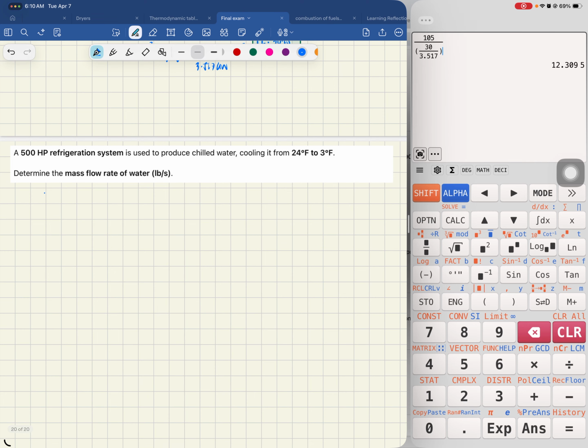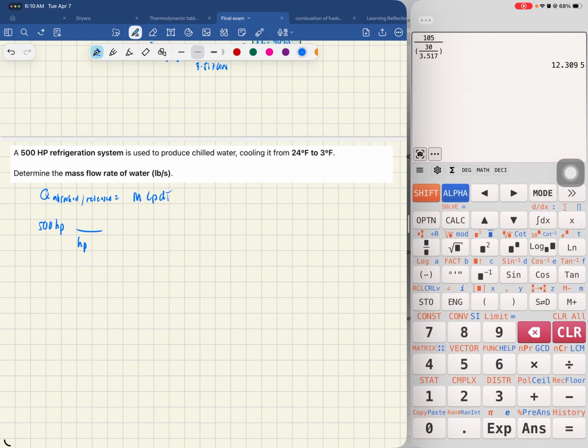Remember that Q, either absorbed or released, is equal to, if we're calling water, MCΔT. In this case, the HP is what was used to cool, and for every 1 HP you have pounds per second.